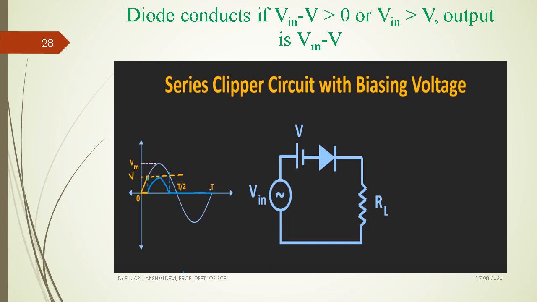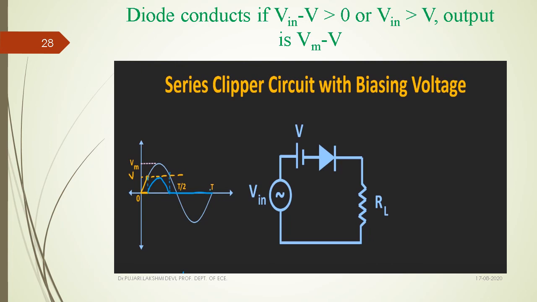Then after crossing this point, whenever the input voltage is greater, I mean the anode voltage is greater than the cathode voltage, the diode becomes forward biased. If it is in forward bias, it acts as a closed switch. If it acts as a closed switch, the output voltage is a replica of its input.